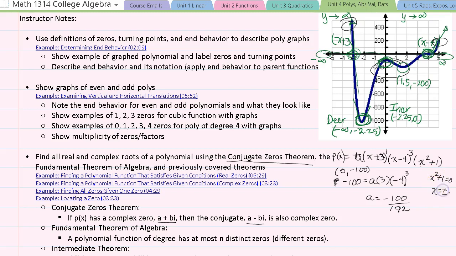Notice that we get our complex conjugate zeros of positive i and negative i. Now our polynomial has a degree, or highest power, of 6: x from the first parentheses, x cubed from the second parentheses, and x squared from the last parentheses. We would still plug in our point, the y-intercept, to determine the value of a.